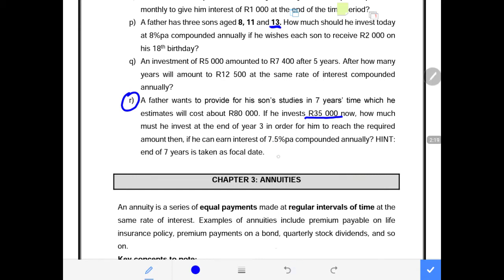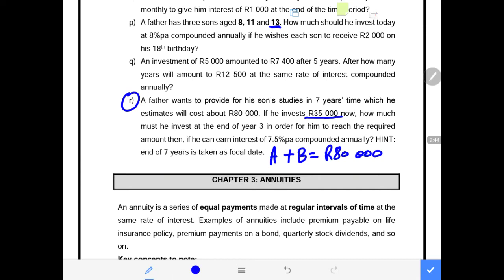In simple terms, we say investment A that is done now plus investment B that is done in 3 years from now should give us a total of 80,000 rands, together with the interest, at the end of the 7 years that is coming for the studies of the son being funded by the father.